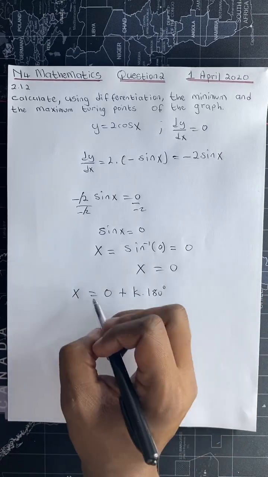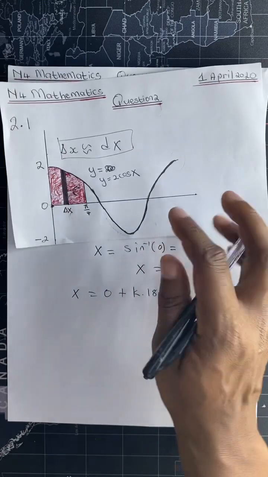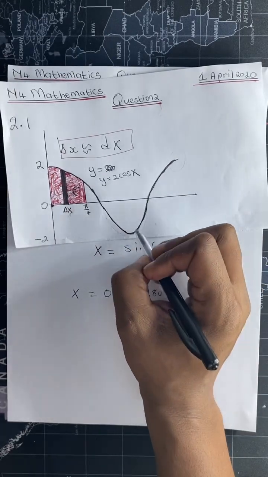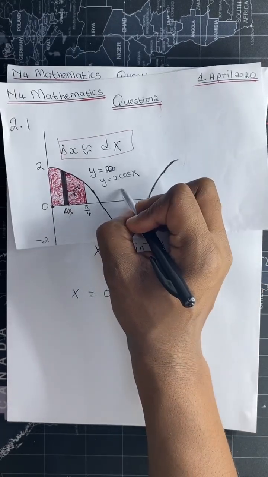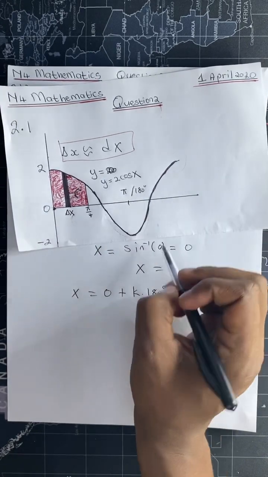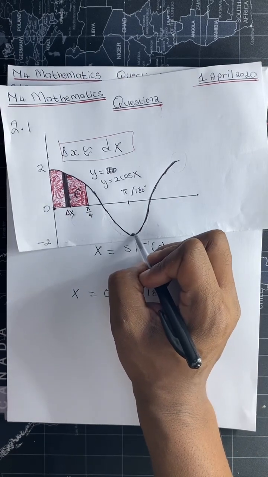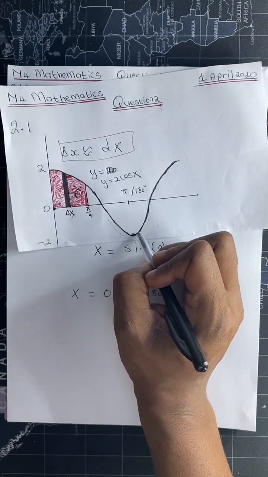We are using 180 degrees because this graph of y equals 2 cos x will change. So this is pi or 180 degrees. We are using that k multiplied by 180 because that's where it's going to turn and change its direction.